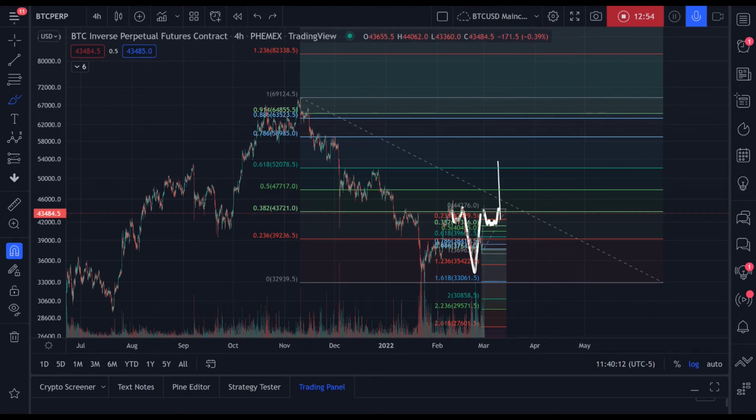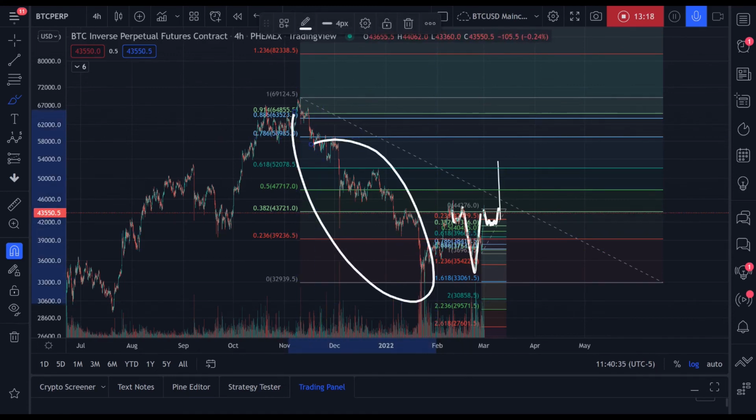Yeah, we struggled with counting it when it was happening, right? And we even got caught in wave four. One of the reasons so many people struggled with counting this and recognizing it as a legitimate impulse is because I think it's an ending diagonal of 3-3-3-3-3. Keep that in mind, count it again, and you'll see it makes a lot more sense.